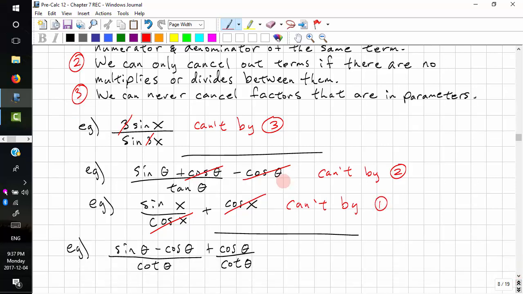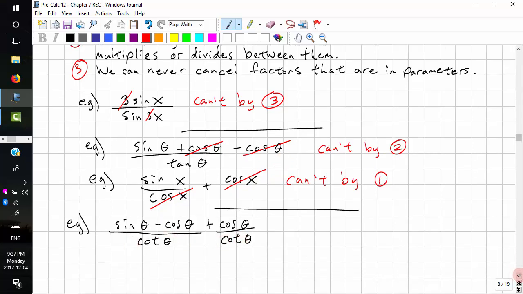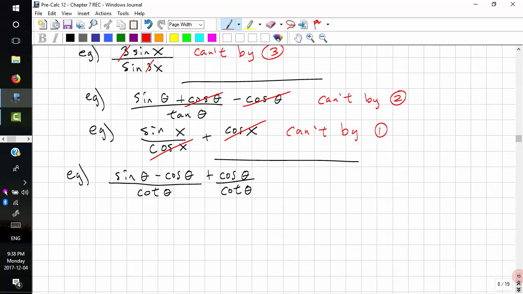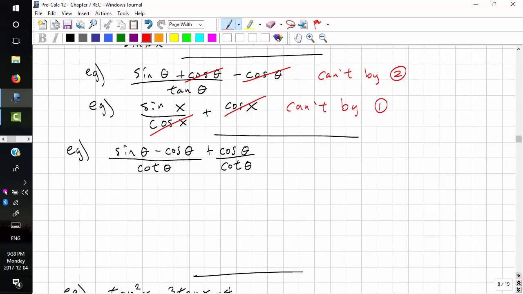Okay, simplify to no fractions means that we have no denominators. So we have to use the reciprocal identities if there's something in the denominator at the end. So we're going to split this up. This is sine theta over cotangent theta, and this is cosine theta over cotangent theta, plus cosine theta over cotangent theta.